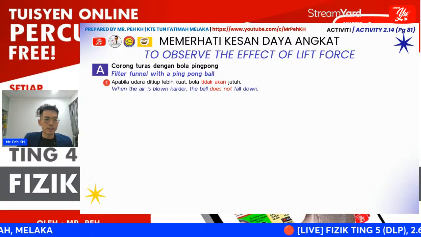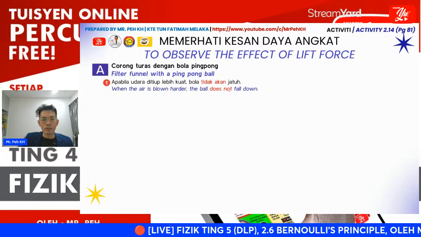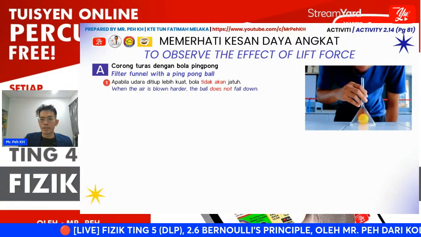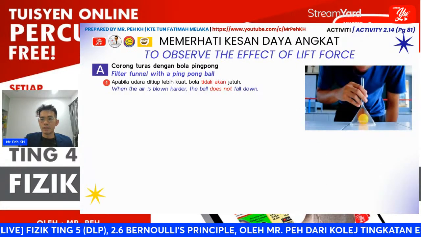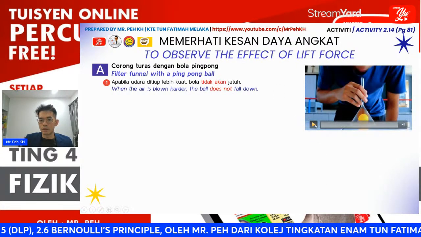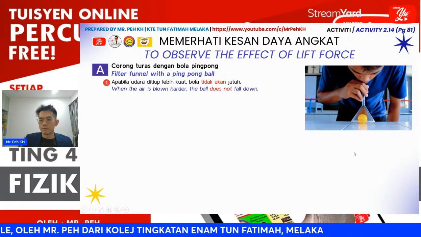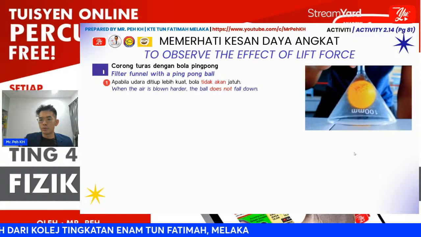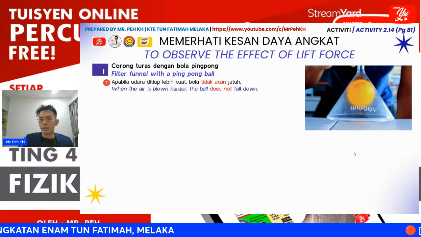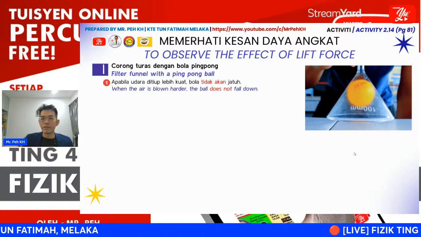Okay, so first, when the air is blown harder, the ball does not fall down. Okay, so what is the statement here? So you can see this GIF. Okay, so the student is blowing the filter funnel.